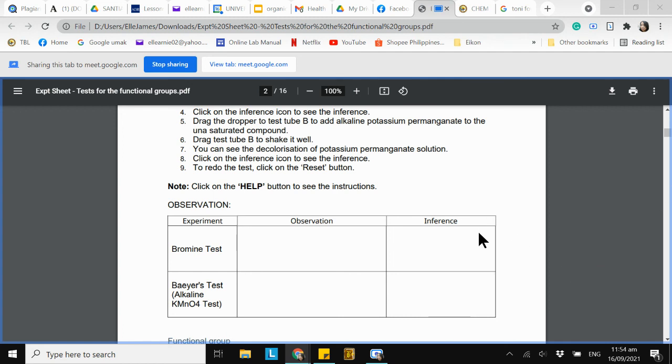So ang inference nyo ngayon doon, isusulat niyo sa inference is that unsaturated compound does not fill up the colors right away. Okay? Pwede niyo sabihin that it is a sign of unsaturation. So, bromine test can identify if there is unsaturation inside a compound.